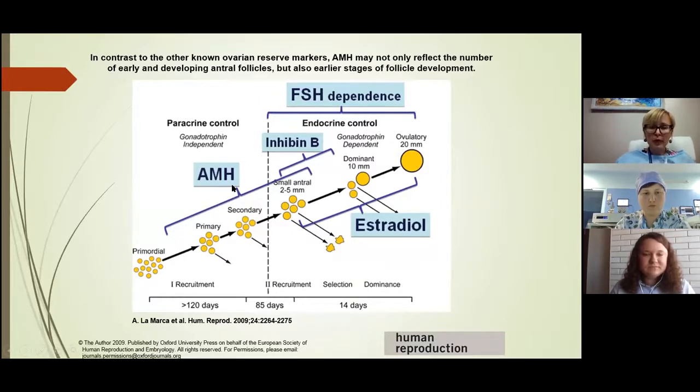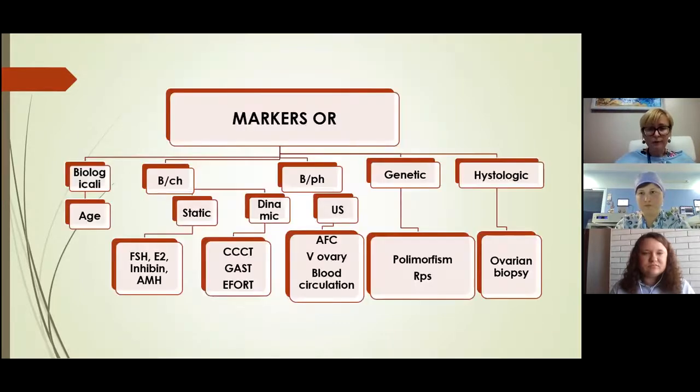These molecules are anti-Müllerian hormone, inhibin B, estradiol, and FSH. All these molecules participate in recruitment of follicles, in growth of follicles, and partially in ovulation. So afterwards we will discuss each of these molecules.